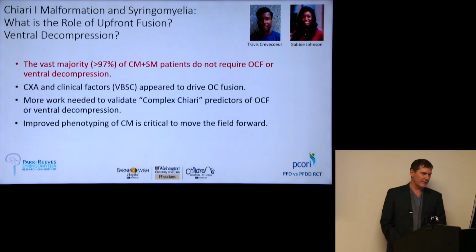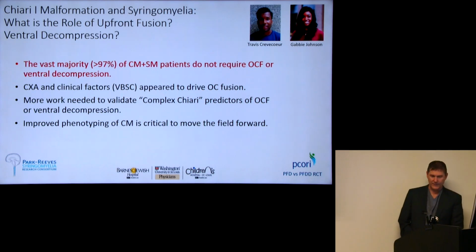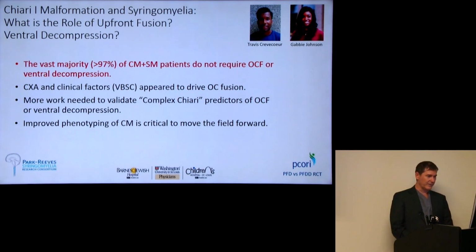But the key thing is that in children, at least, the percentage of patients that needed that fusion was low. But you could usually tell it, at least in this population, by looking at those angles that Dr. Ritter just mentioned, the clivoaxial angle, and then also basilar invagination.